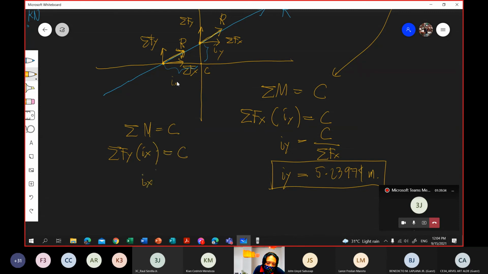Ix therefore is equal to C over the summation Fy.